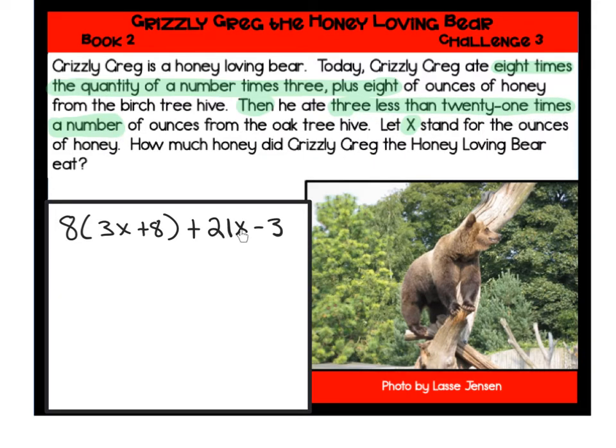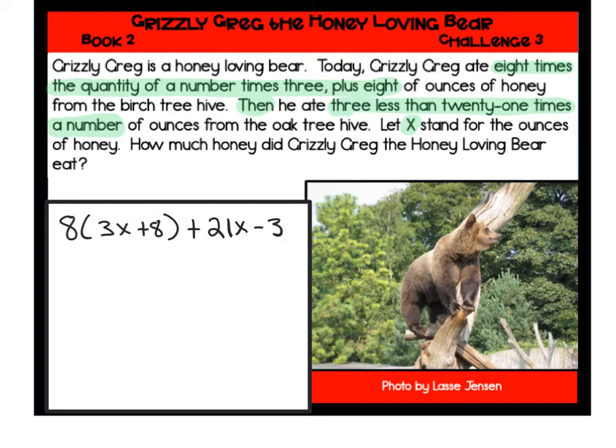So we have 21 times x, or 21x, and then minus 3, which is the same as 3 less than, right? So 3 less than is like minus 3, and then you got 21 times a number, 21x. So the whole expression is 8 times the quantity of 3x plus 8, and then you're going to add 21x minus 3.